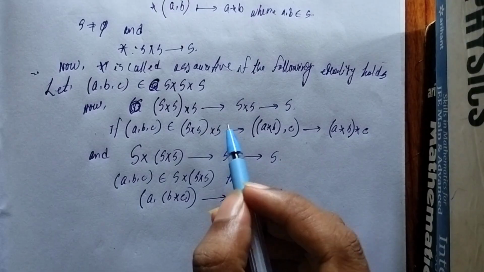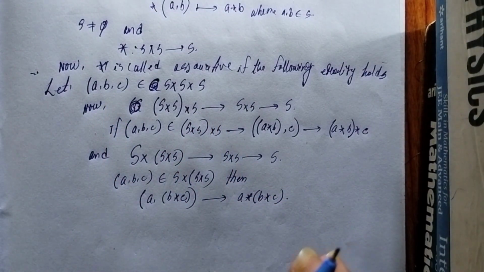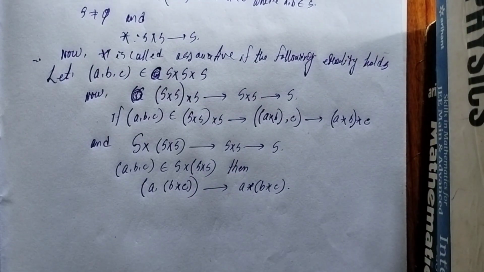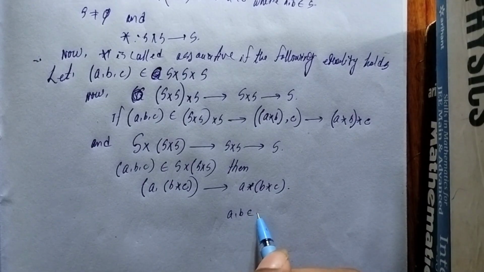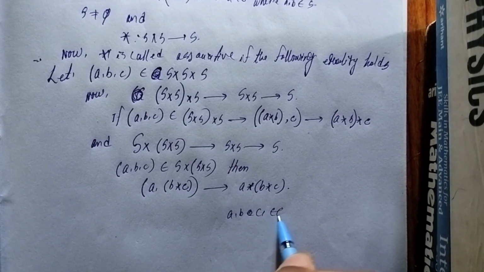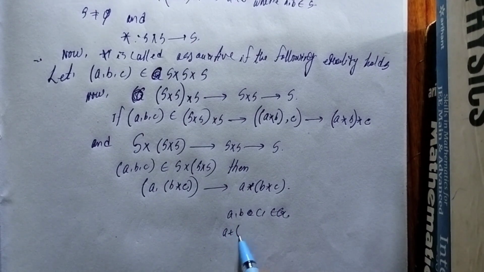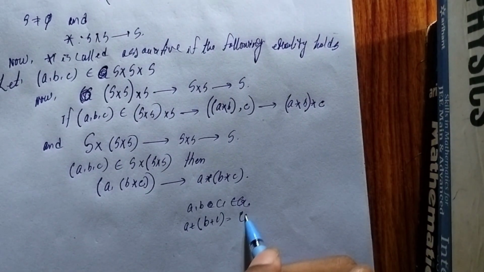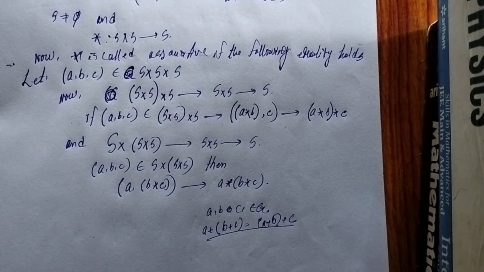I am trying to tell you what is happening here. In general, we know the definition of associativity: if a, b, c belong to G, then (a star b) star c equals a star (b star c). I am writing this roughly, not in strict math. But there is a loophole in this definition.